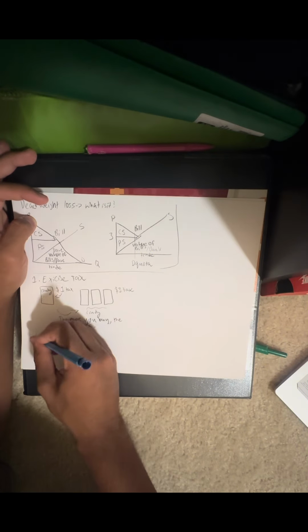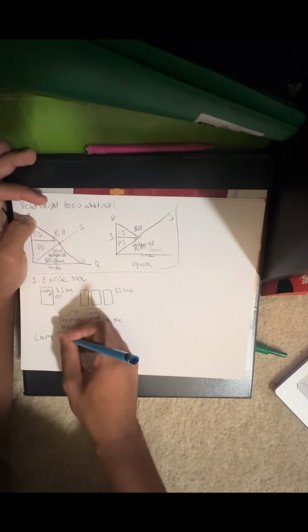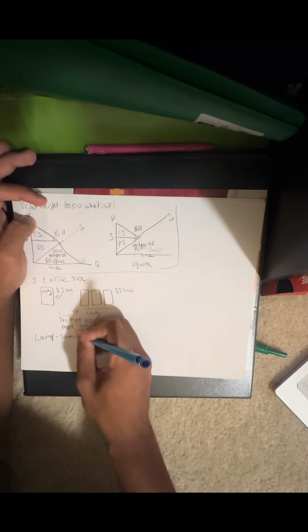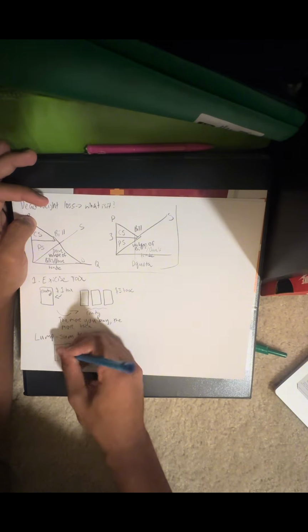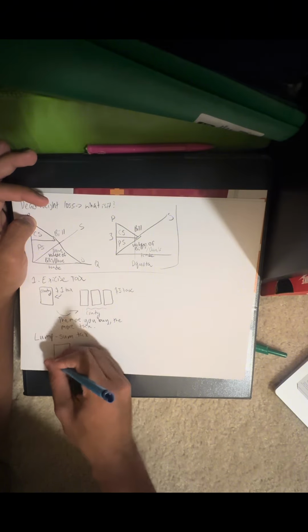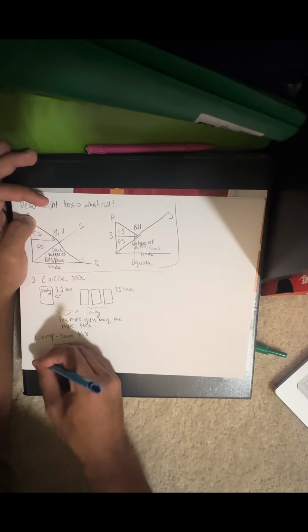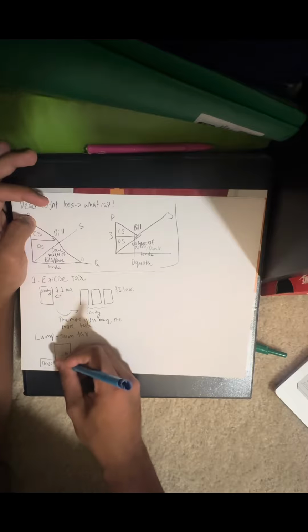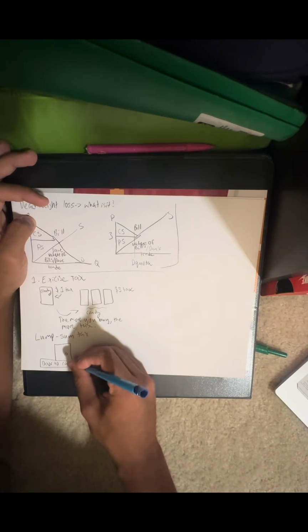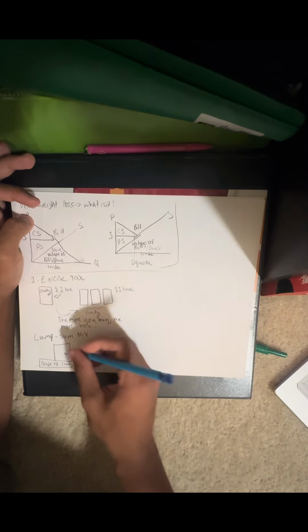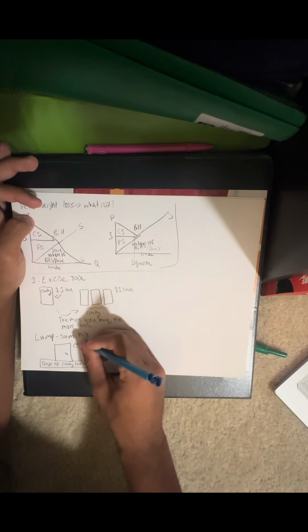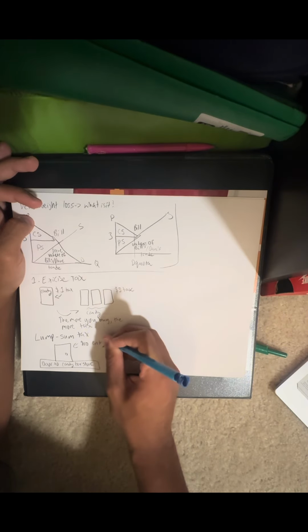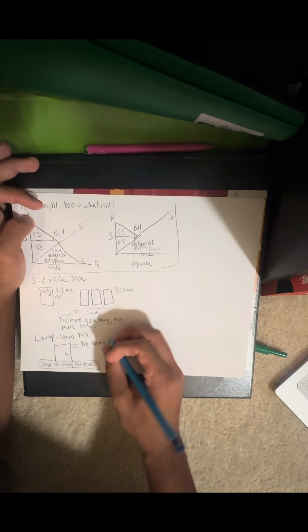Now, it can be a different situation with the lump sum tax. So over here, I'm going to be drawing a door. This represents a lump sum tax. Think of it like paying a $10 entry fee to get into a candy store. So you pay the $10 fee and you go inside and eat as much candy as you want.